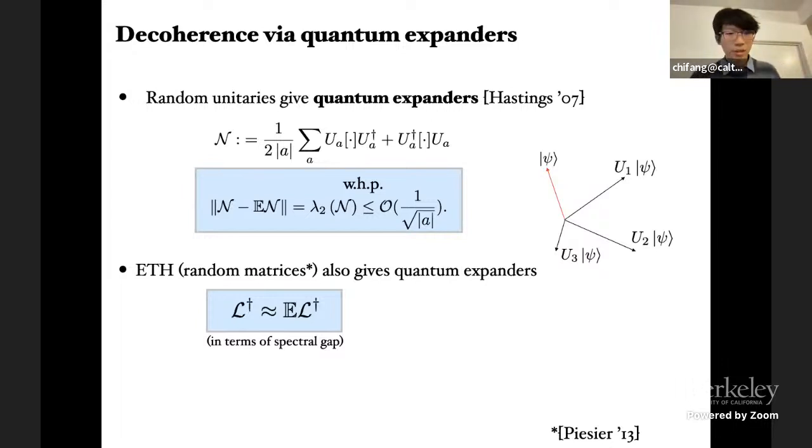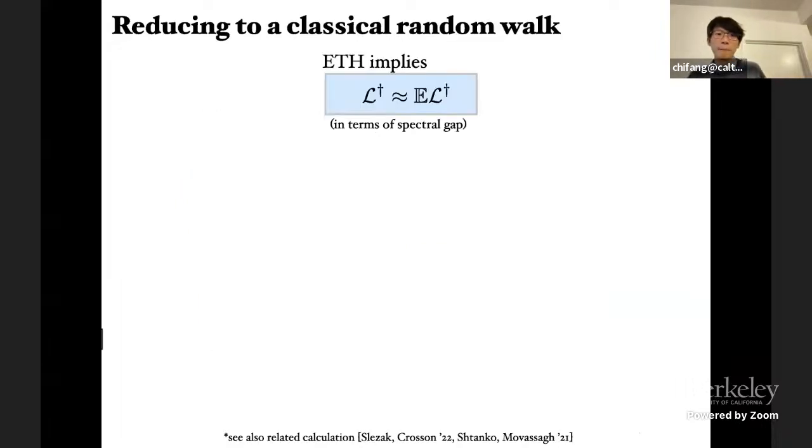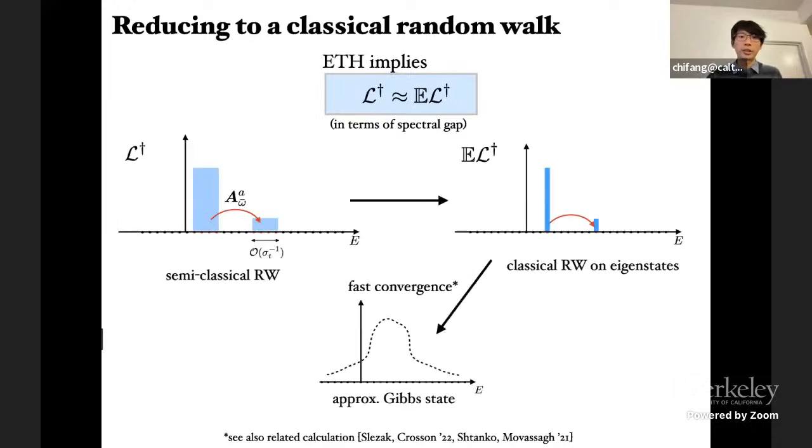Okay, so now let's assume this is true. You have proved this using some random matrix theory. It suddenly reduces the problem drastically, and it actually becomes a classical random walk. Very nicely, this expected map is completely decohered. It really reduces essentially to a classical random walk on eigenstates.